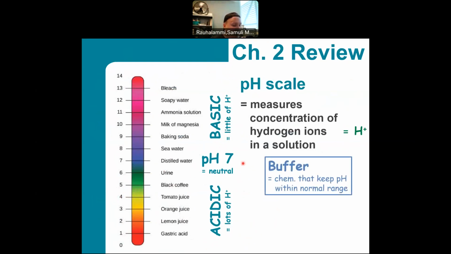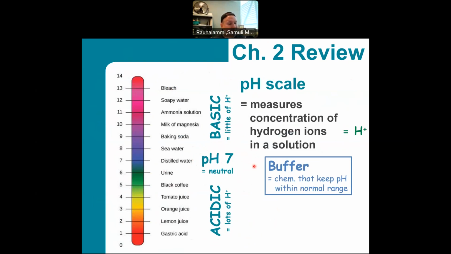We have certain chemicals that we can put into solutions, and these chemicals, thanks to their chemical properties, will end up binding to any other chemicals that would change the pH of that solution. So they essentially bring back the pH of that solution to a normal range.